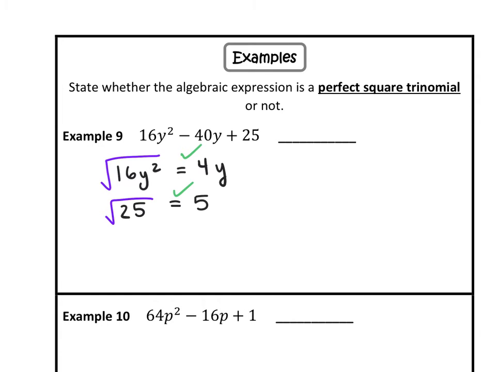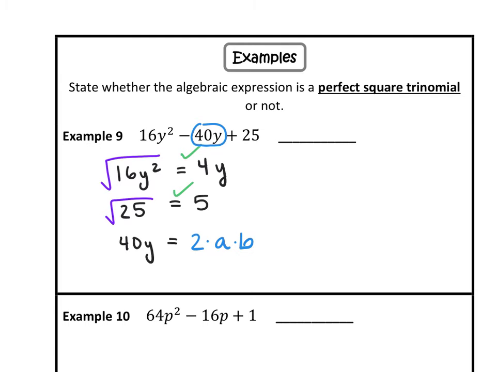Then the second thing we have to check for is the middle term. Let me circle the middle term. Is 40y equal to 2 times a times b?